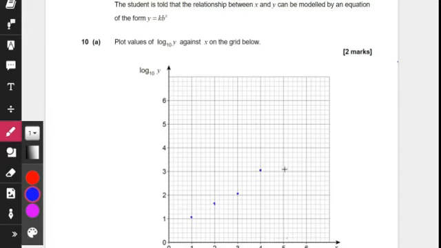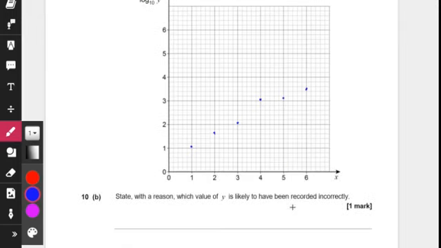So that's going to be somewhere here-ish. And then when x equals 6, log y is going to be 3.53. So 3.2, 3.4, 3.6, so somewhere in between, like here.